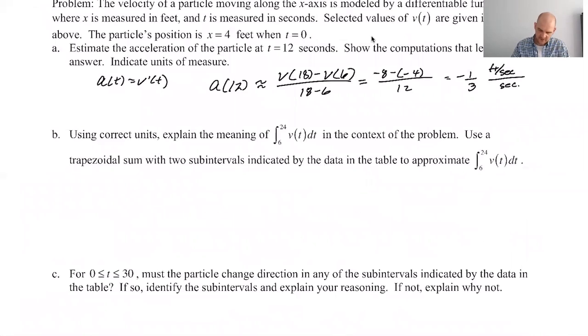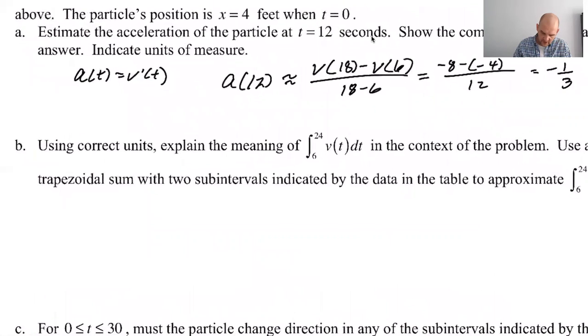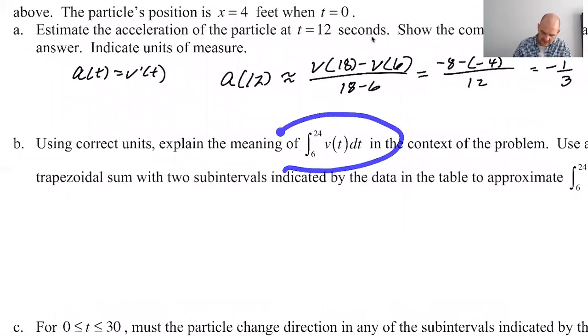Using correct units, explain the meaning of the integral from 6 to 24 of v of t dt in the context of the problem. So don't just explain it; we have to say in this problem what the thing did something. Then use a trapezoidal sum with two subintervals indicated by the data to approximate it. First, let's interpret this. The integral of velocity gives you displacement, and the integral of the absolute value of velocity gives you distance traveled.